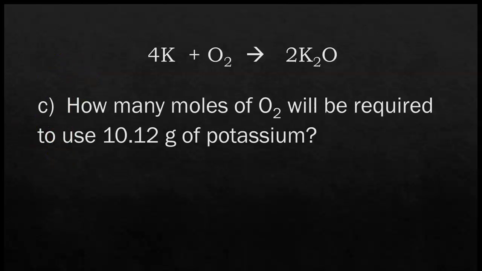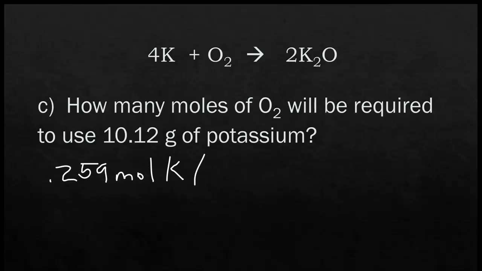I said, okay, so if I have my 0.259 moles of potassium, how am I going to get to moles of oxygen? Because that's what it's asking me to do. So when you have moles of one chemical, how do you find moles of another chemical?